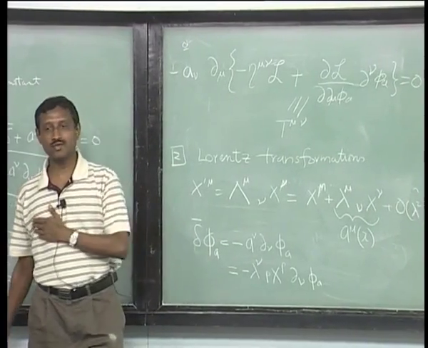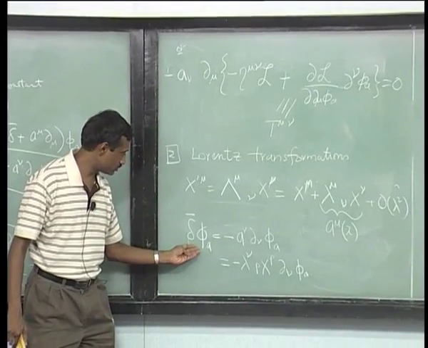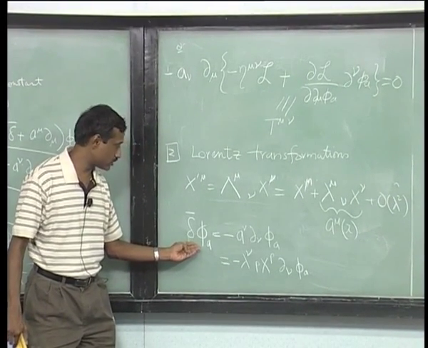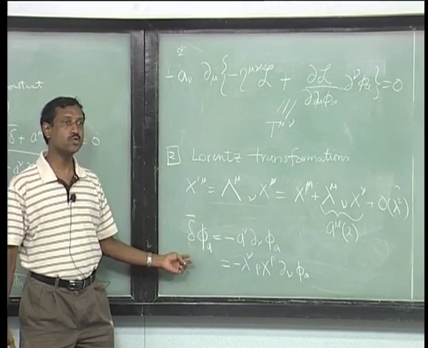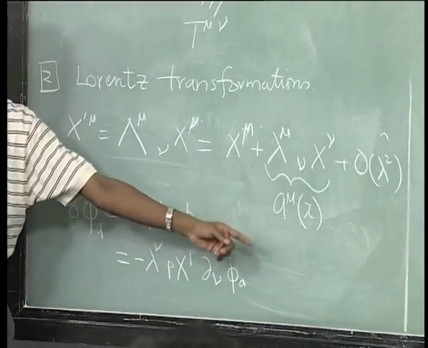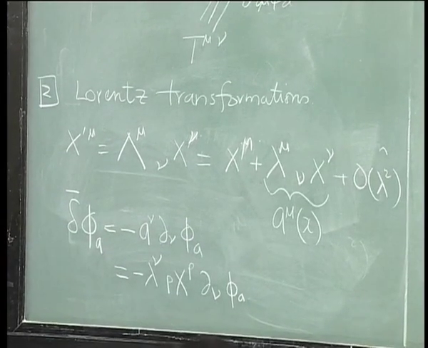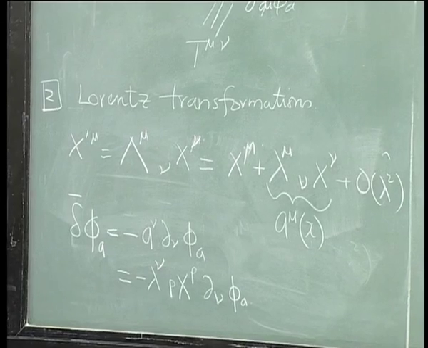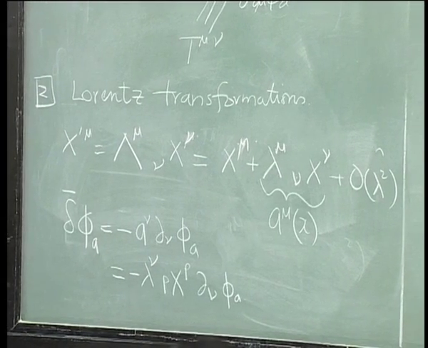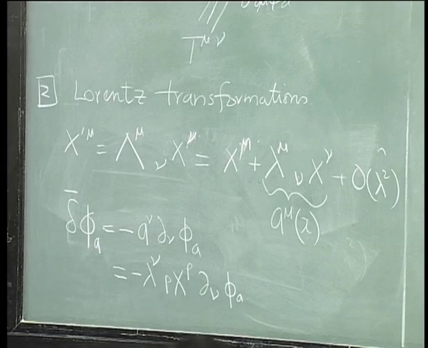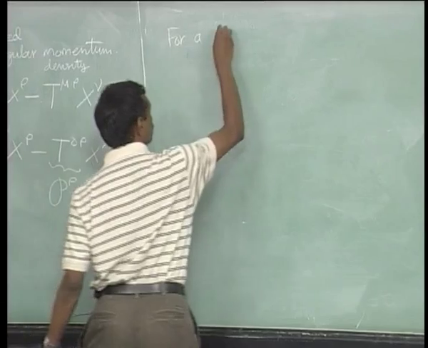So, in your assignment you will be replacing this by the case of electromagnetism, where you have a 4 vector field A mu, and then you will find that you get an extra piece. So, for a vector field, or 4 vector field, in your assignment you will see, and we will discuss it for a 4 vector field, for instance.